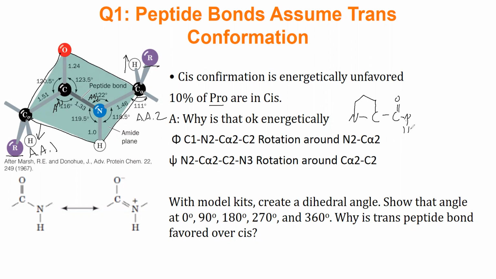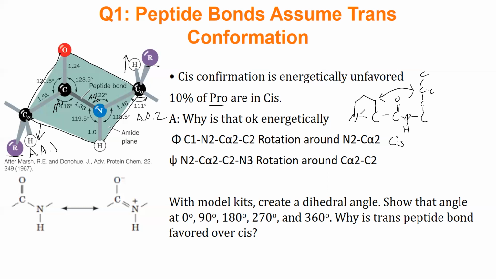So what I'm drawing right here is a cis peptide bond, the way I drew it, because they're both pointing in the same direction. You now have space between these two because the side chain of proline is bending back on itself and binding its own backbone. So proline can be in these cis peptide bonds.